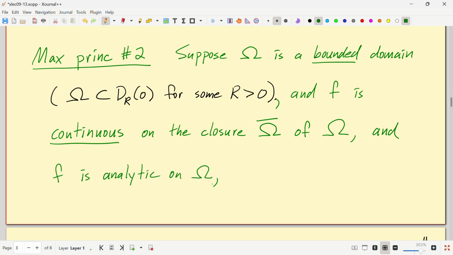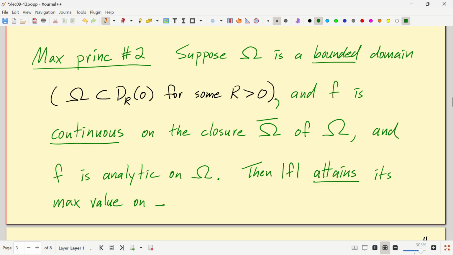Then this version of the maximum principle says that the modulus of f attains its maximum value. The key word here is attains its maximum value on omega closure at a point in the boundary of omega.